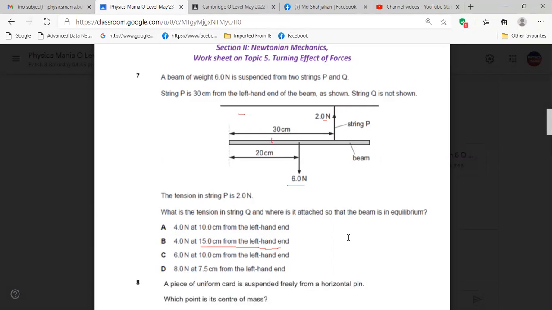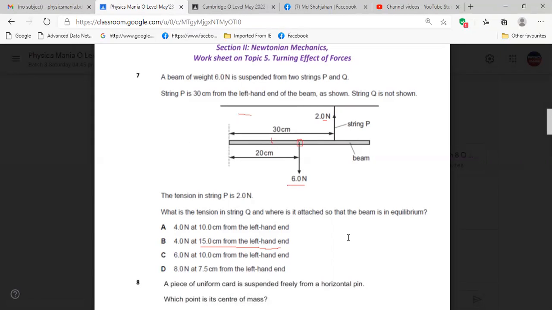And the moment over here. Where is your pivot? The pivot is over here. This one. Yes, that is the point.